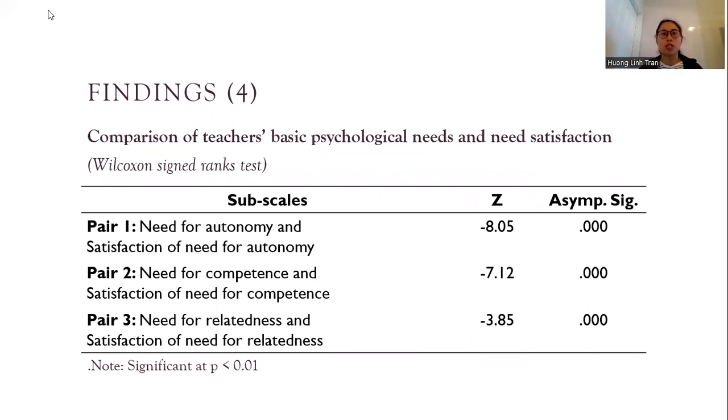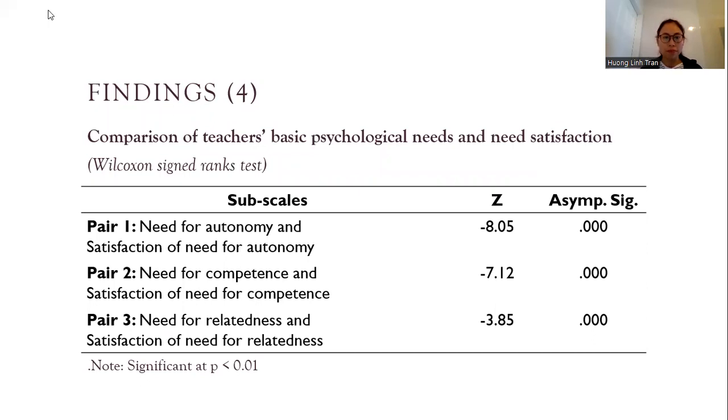To answer the question, to what extent teachers' basic psychological needs are met by teaching, the author ran a Wilcoxon signed-rank test to compare teachers' basic psychological needs and their need satisfaction.